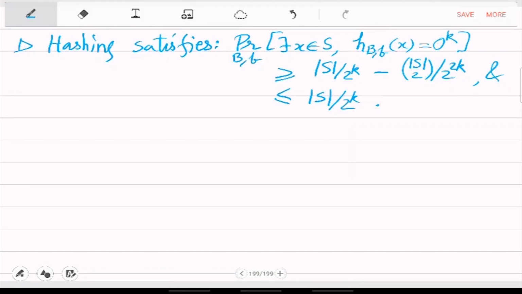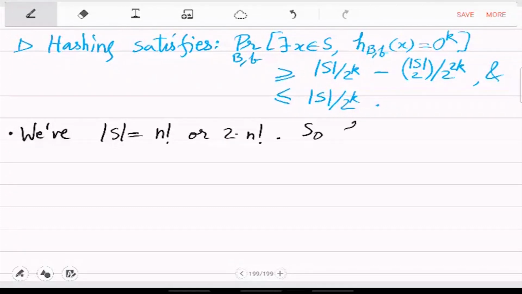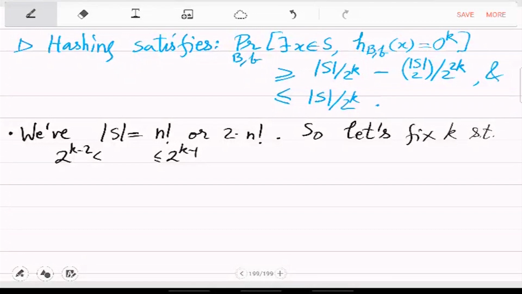Let us now use it on our S and see the difference. When S is small, what happens? When S is large, what happens? So we have size of S being n factorial or 2 times n factorial. So let's fix k such that 2 raised to k minus 2 and 2 raised to k minus 1 sandwich 2n factorial.